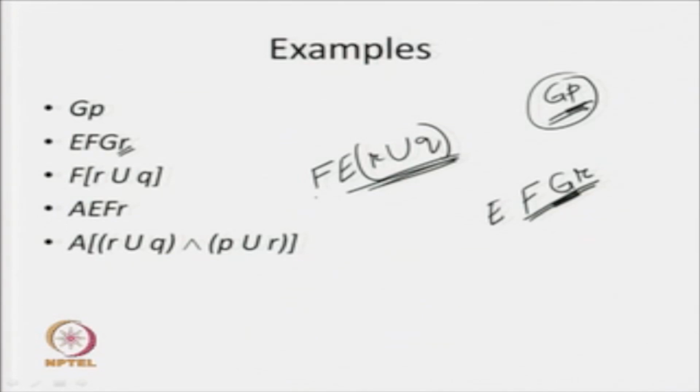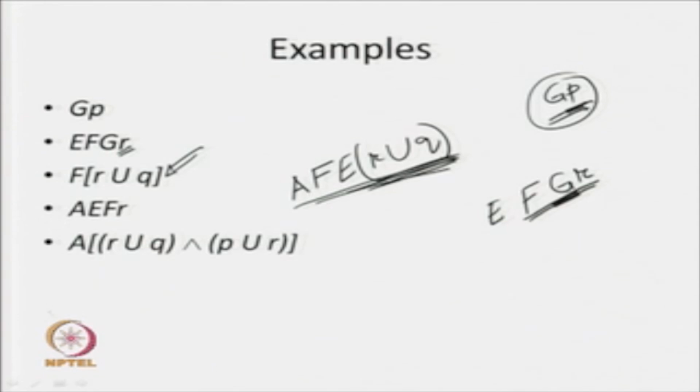But I can make it a CTL formula by placing a path quantifier in front of it. So this whole formula becomes a CTL formula. As such, this third formula is not a CTL formula, but it is a temporal formula. But if I put a path quantifier in front of every temporal operator, then it becomes a CTL formula.